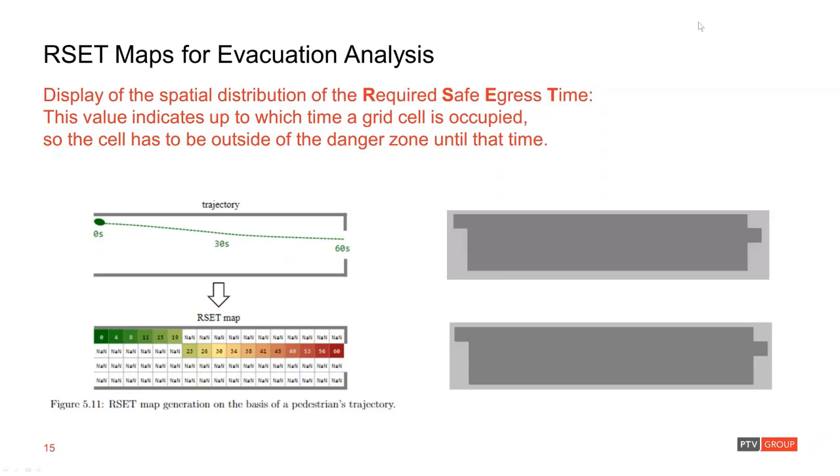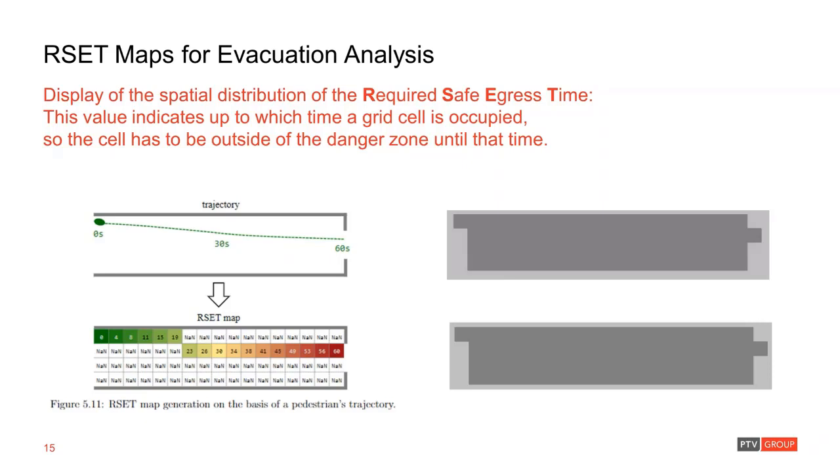For VisWalk, the pedestrian simulation, we have added a new evaluation which is called RSET, which is an abbreviation for Required Safe Egress Time. And the idea is that that RSET value shows up to which simulation second a grid cell of the pedestrian grid is occupied.